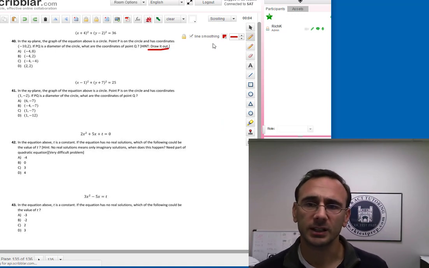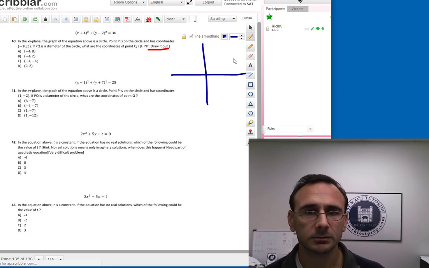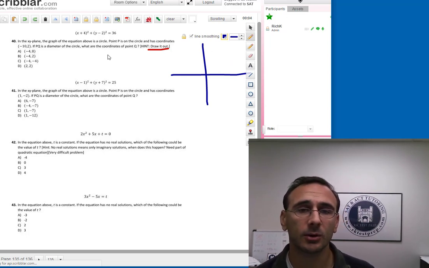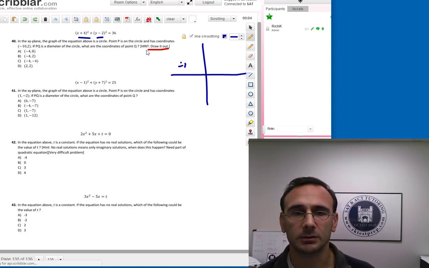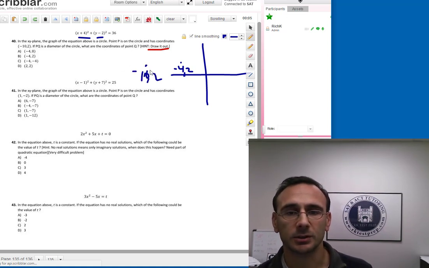Last page here. Here's a circle. The hint says draw it out. Don't be lazy. Do that. From the equation, we can know that the center is negative 4, 2. And then over here, you got to label that better. That's negative 4, comma 2. Point P is on the circle, and the coordinates are negative 10, comma 2.